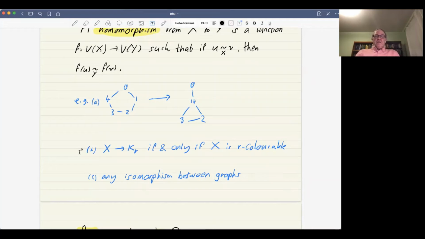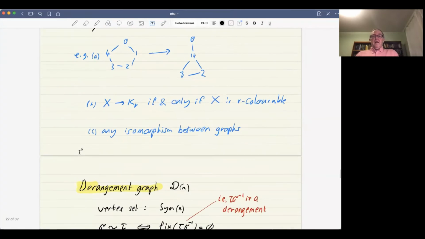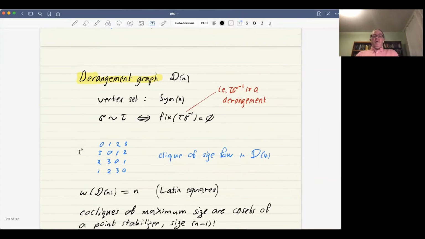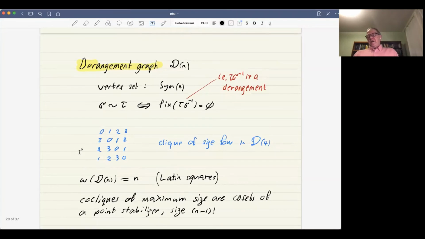The classical example, of course, is that a graph has a homomorphism to Kr if and only if it's r-colorable. And another classic example is that any isomorphism between graphs is a homomorphism. So we normally define the chromatic number of a graph by saying the graph is n-colorable if it has a homomorphism to Kn. Actually, we don't normally define it that way, but we could. It's not too big a stretch.